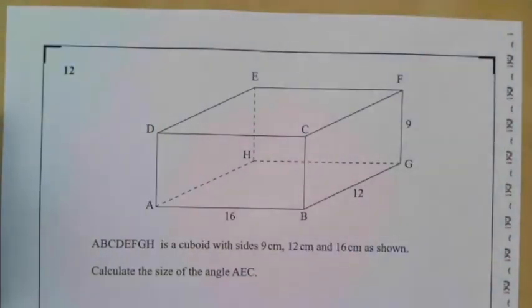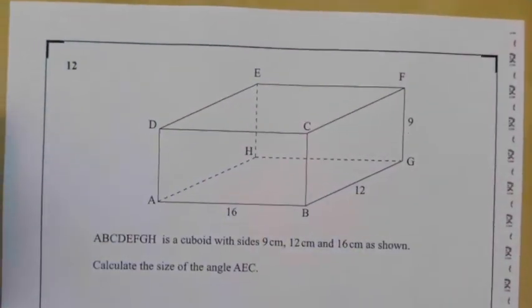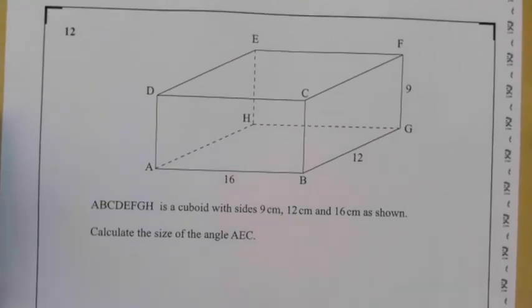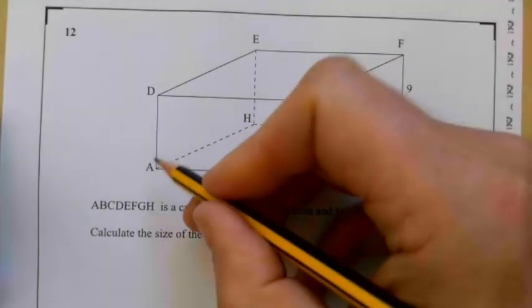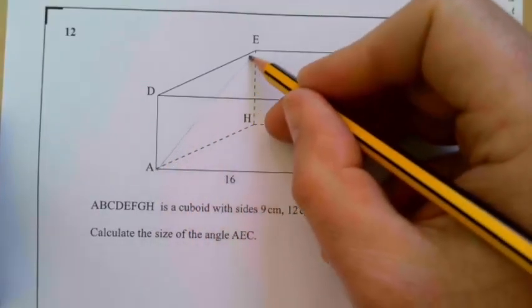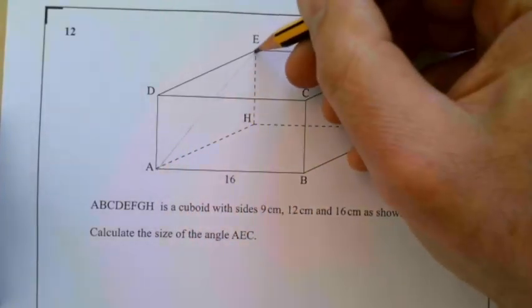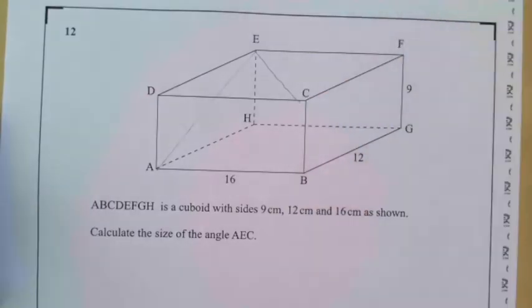On then to our final question. ABCDEFGH is a cuboid with sides 9, 12 and 16. Calculate the size of the angle AEC. So I need to go from A to E to C. So I need to find then the lengths of those.